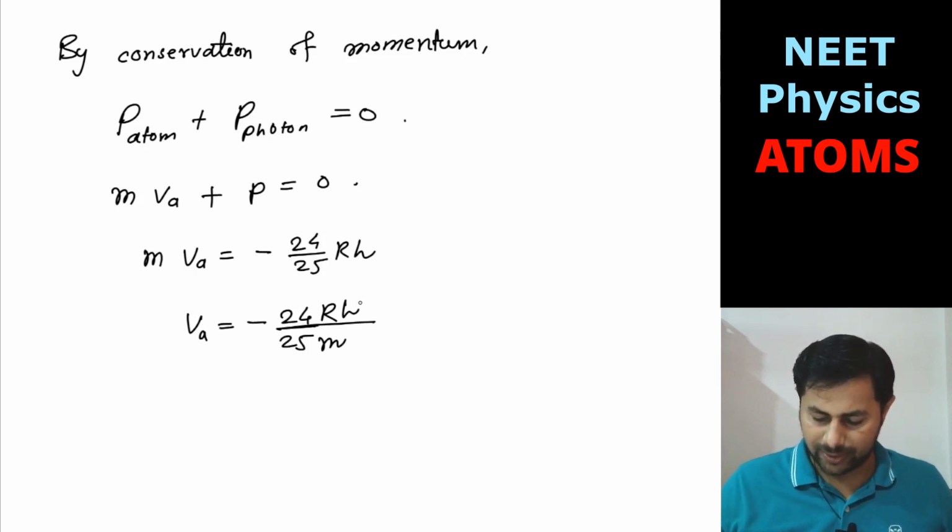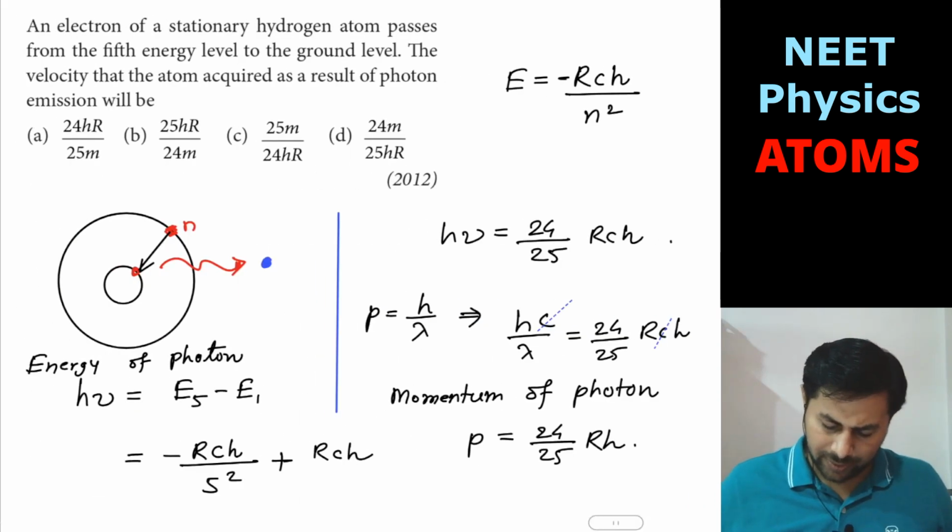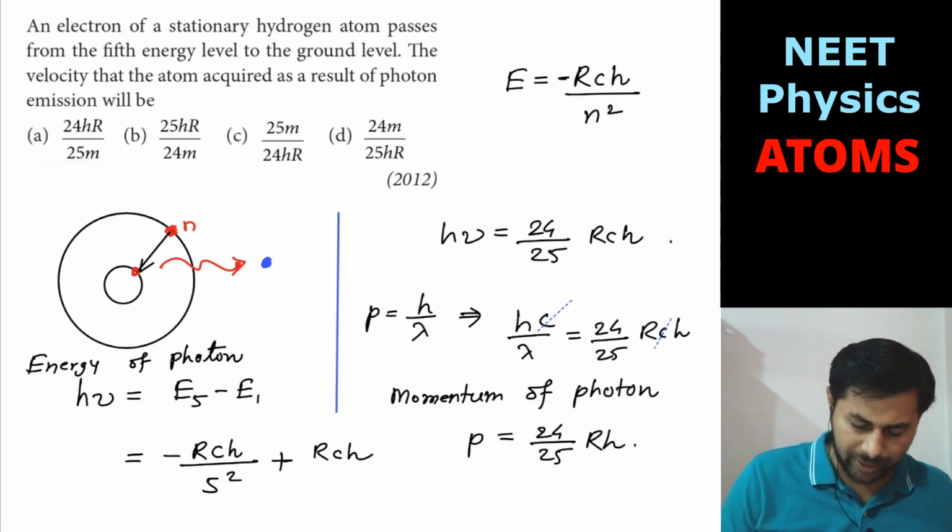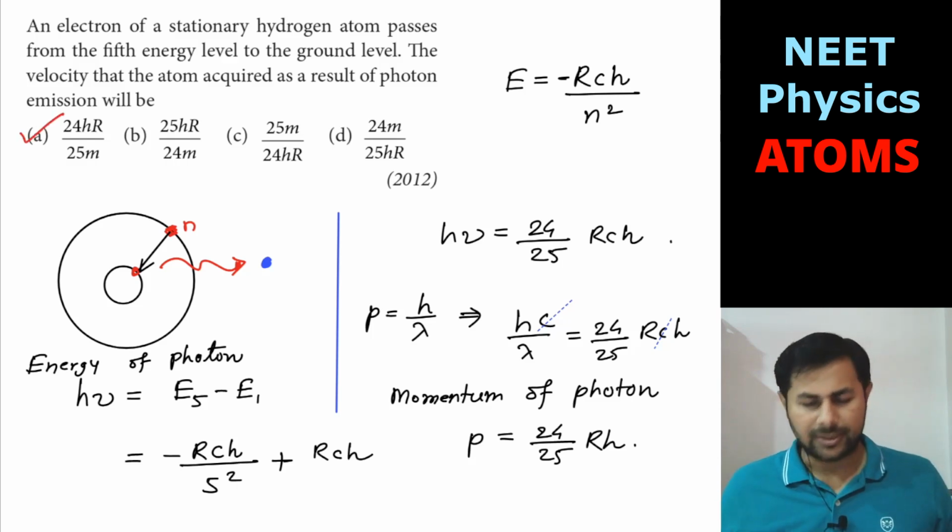This would be the answer. So it is option A, 24 by 25 HR by m, right?